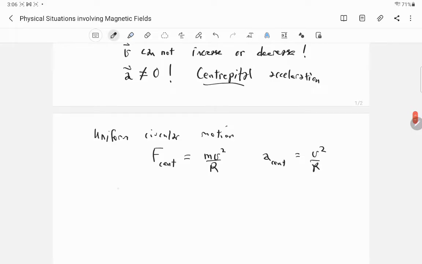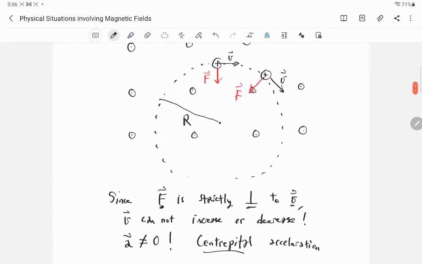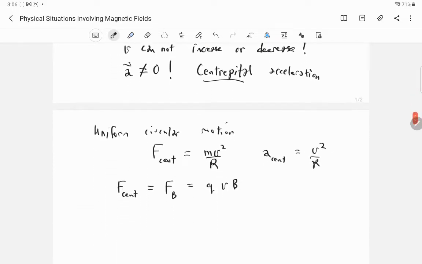So if the centripetal force is because of the magnetic force, then in terms of magnitudes, the velocity is to the side, but the magnetic field points out at you, out of the screen, so there's a 90-degree angle. That is, the motion and the magnetic field are perpendicular to each other.